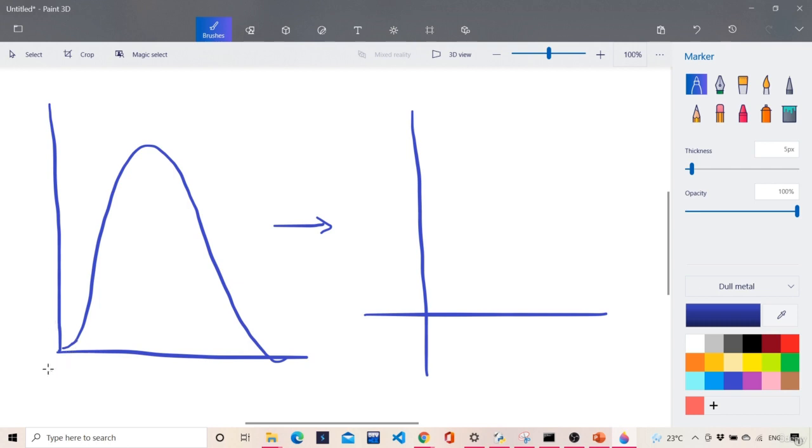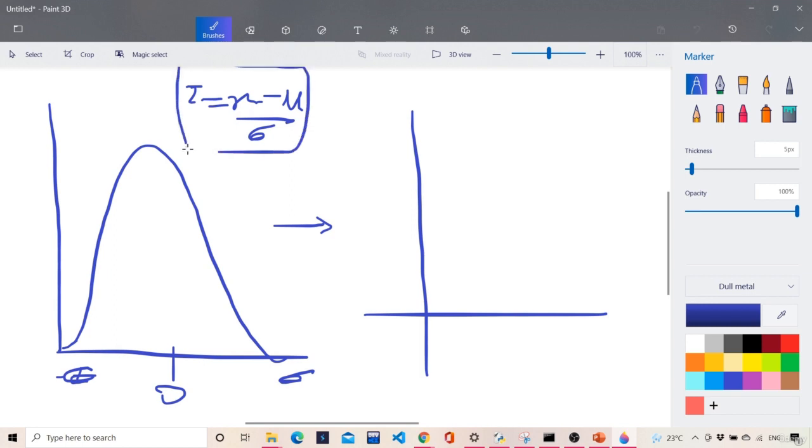This ranges from minus sigma to sigma basically, and here it is 0. Based on the formula, z score is equal to x minus mu by sigma, where sigma is the standard deviation. Based on this z score, we will plot the distribution over here.